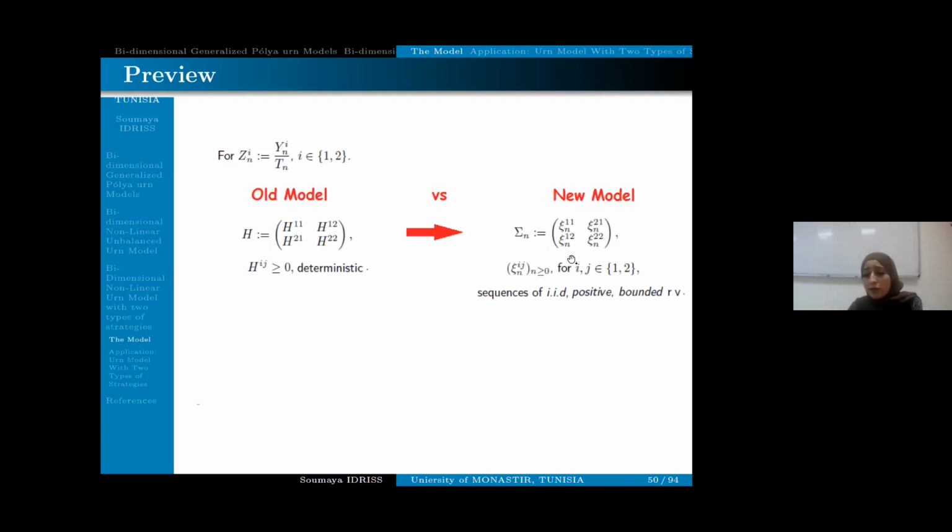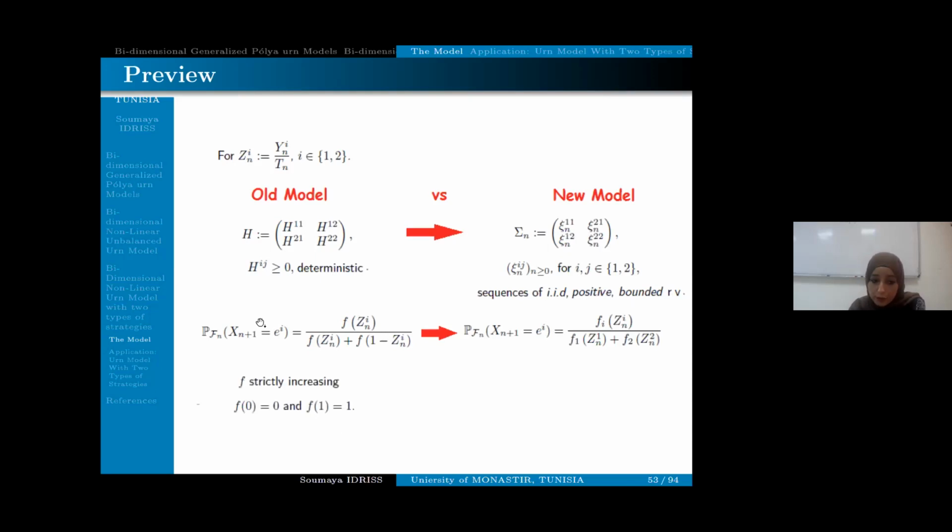rule sequences that are independent, identically distributed, positive, and bounded. In the first model, we used one function f, whereas in the second model, we are going to use two functions that depend on the type of the ball drawn.